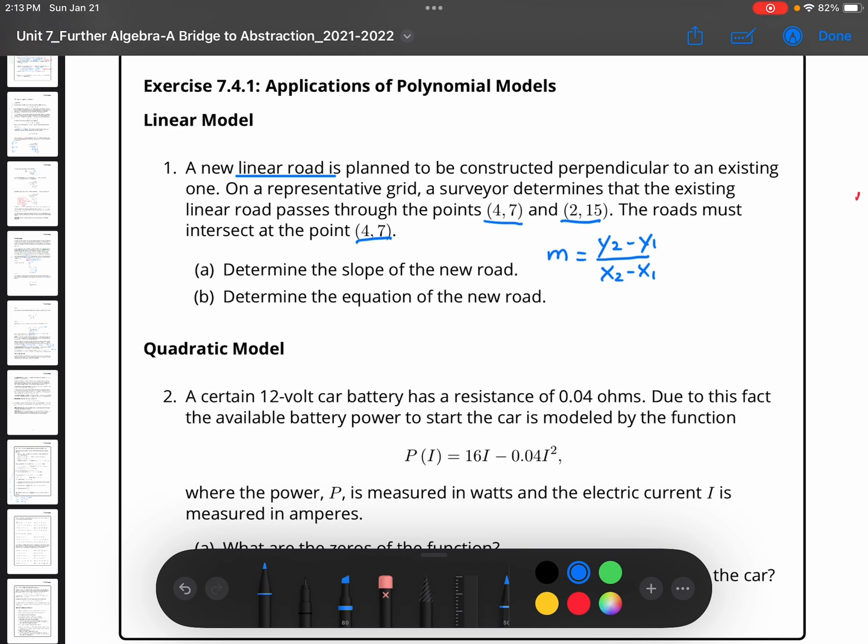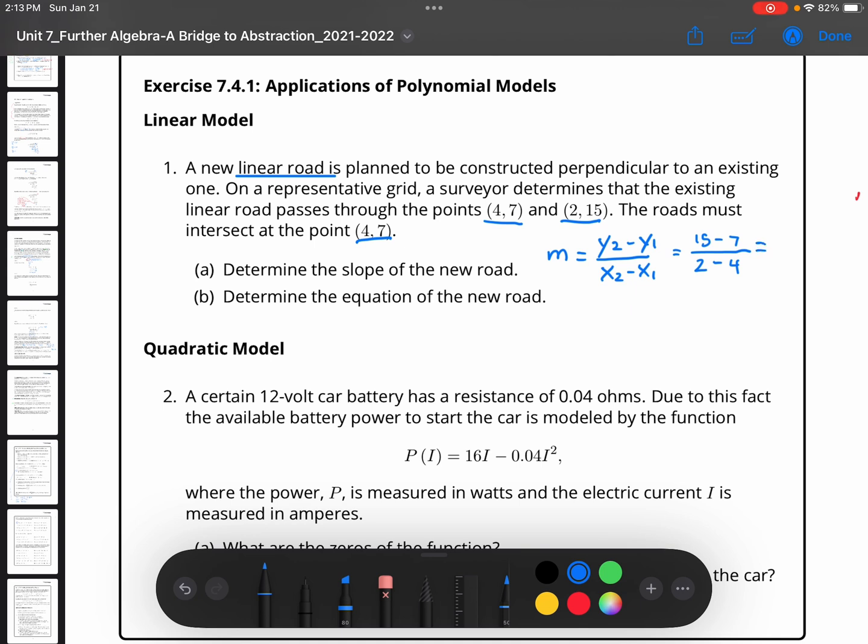In my case, I'm just going to call (15, 2) x2, y2, and then my x1, y1 is going to be (4, 7).